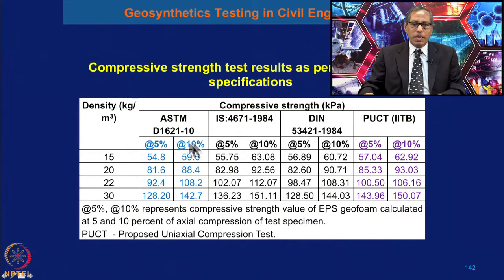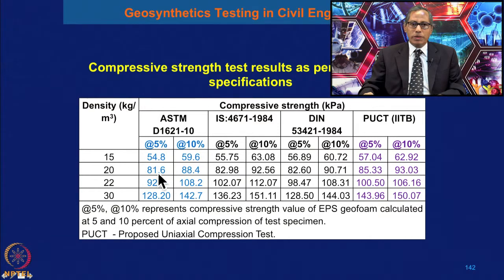So, you can see that different values of the compressive strength of the EPS geoform are given, and if you compare with the ASTM and with the proposed unconfined compressive strength test by IIT Bombay, you can see there is a similarity: 54.8, this is 57.0, this is 59.6 at 10%, this is 62.96.